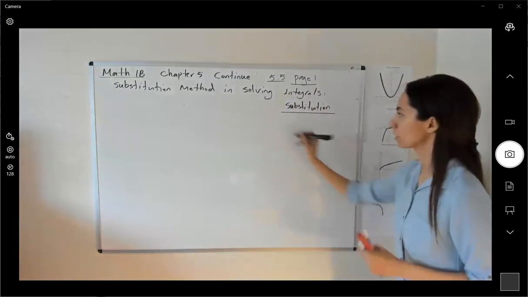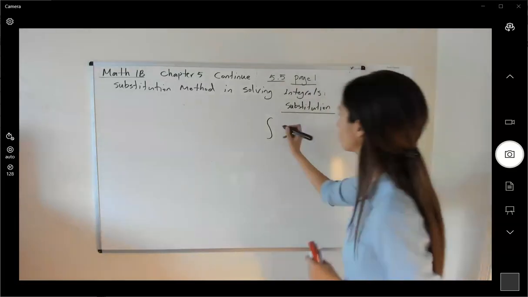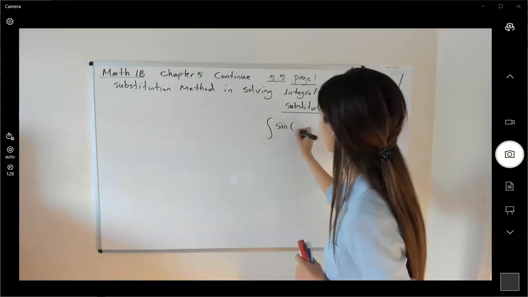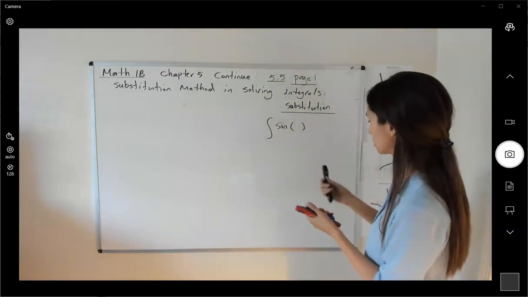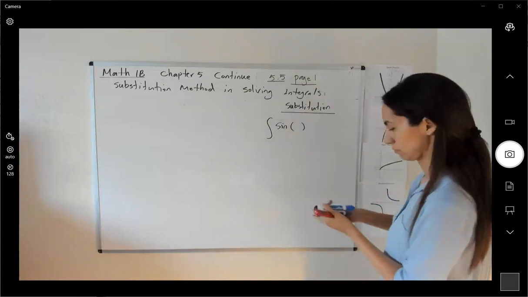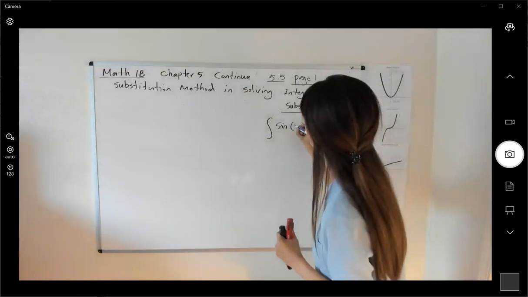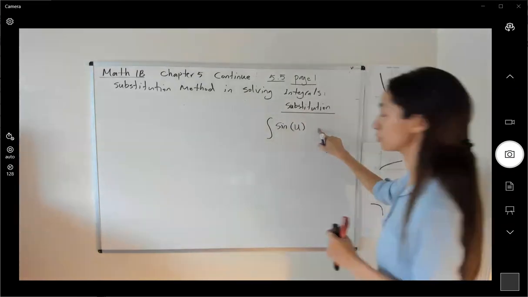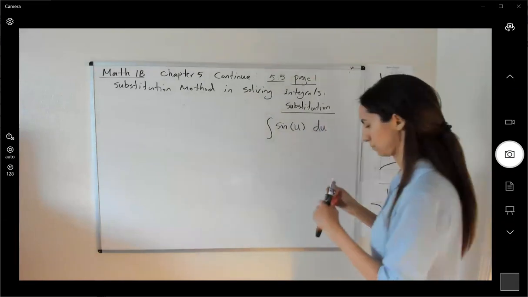If you have the integral of sine of a function, whatever it is, let me write this guy here as sine of u, and you have du, you can use u sub.